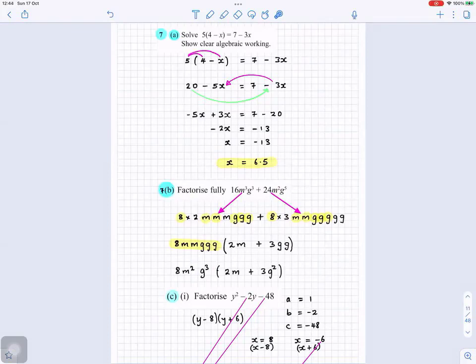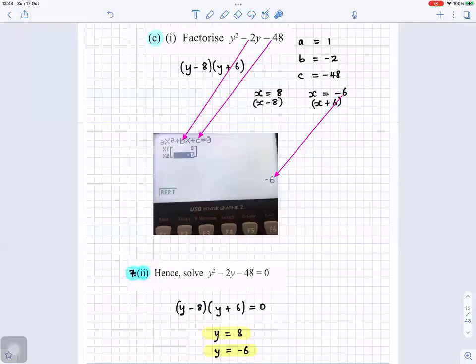Part C, factorize y squared minus 2y minus 48. You get y minus 8, y plus 6.